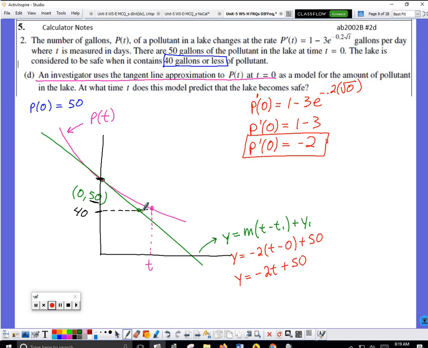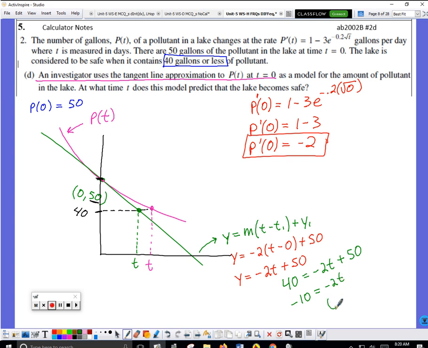We go see when the green line has a value of 40, and we find that time. So we use this formula, and we say we want the y-coordinate to be 40. And then just with algebra, we can figure out that the value of t that makes that happen is t equals 5.